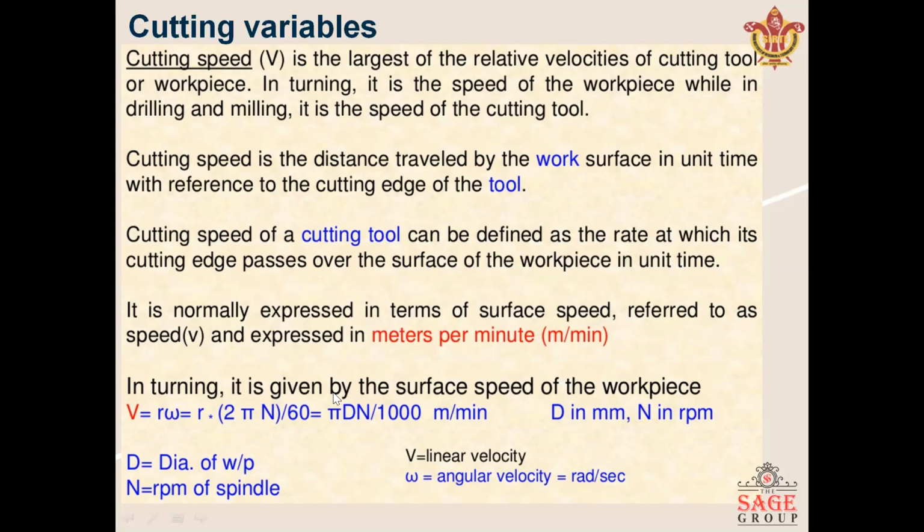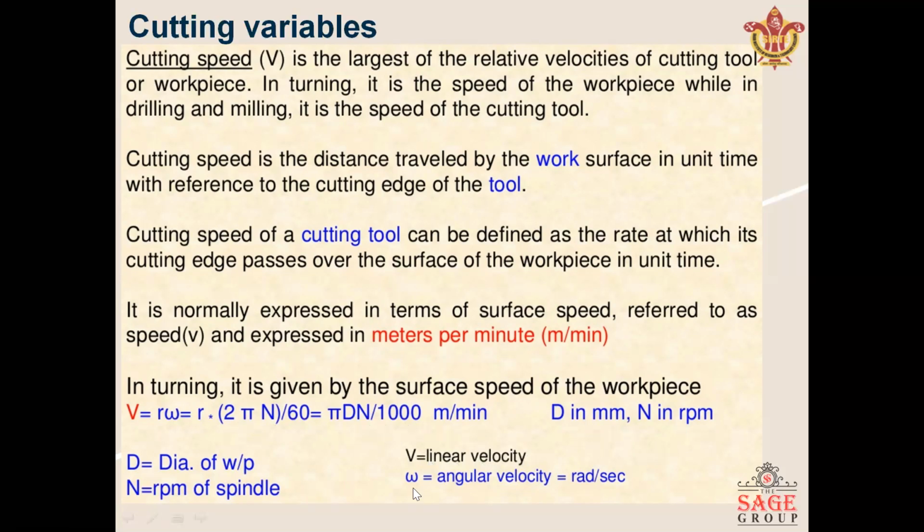In turning, it is given by the surface speed of the workpiece, V is equal to R into omega, where R is the radius and omega can be represented in the revolution term as 2 pi n by 60, or this can also be represented in this form, where D is the diameter in millimeter and n is the rpm, revolution per minute.